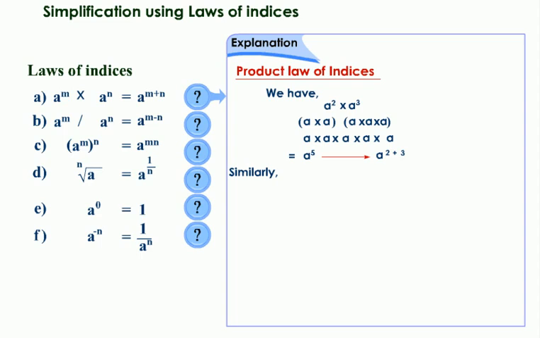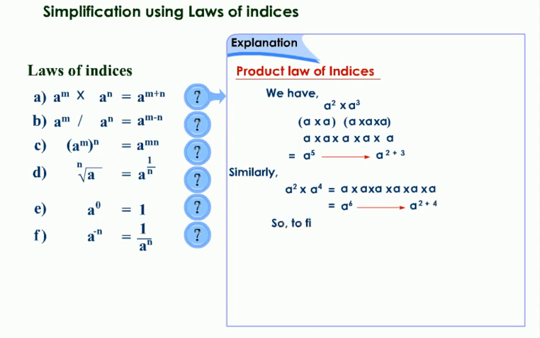Similarly, a square into a to the power 4 can be written as a into a into a into a into a into a. That is equal to a to the power 6, or a to the power 2 plus 4.